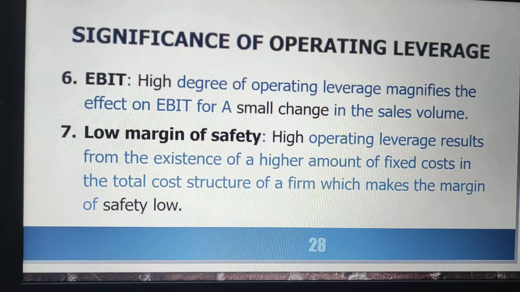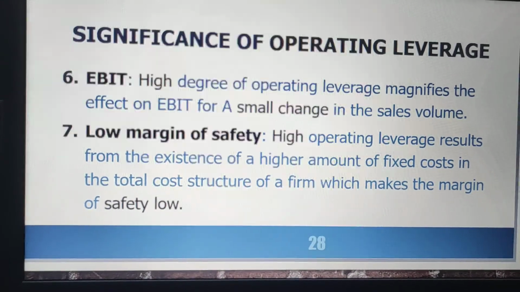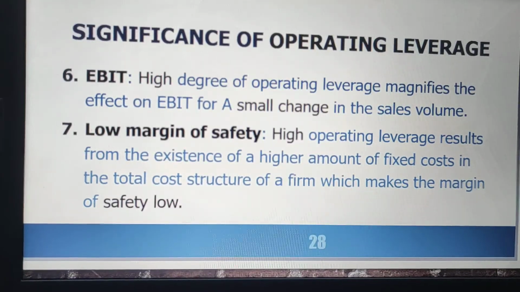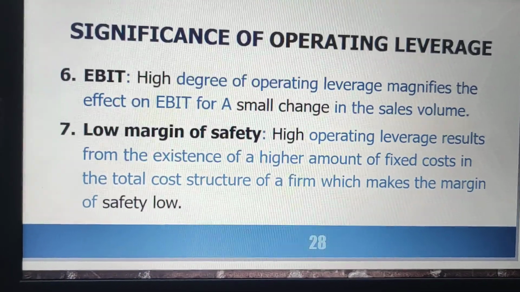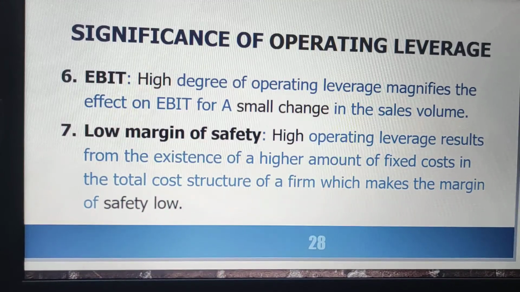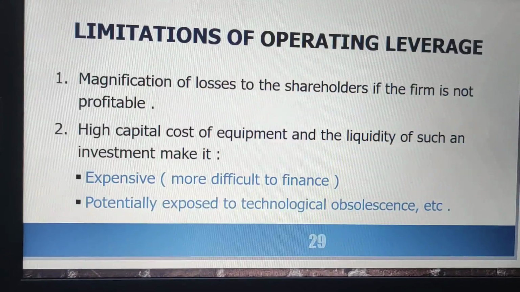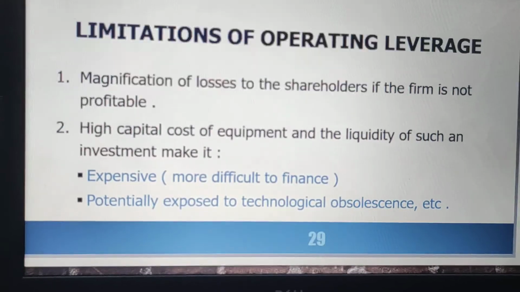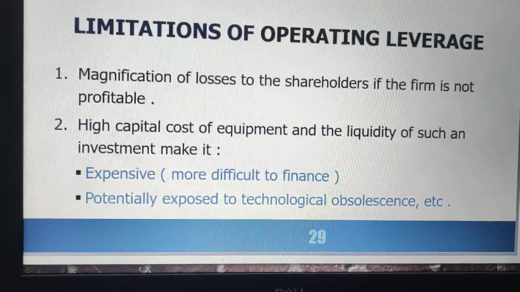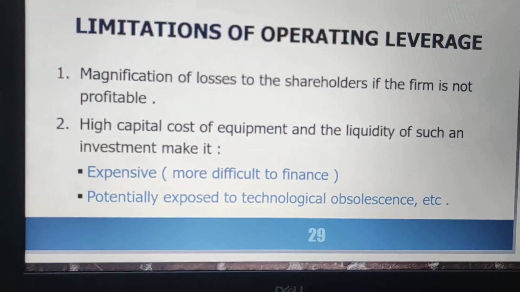Now next is low margin of safety in sales. High operating leverage results from the existence of a high amount of fixed cost in the total cost structure of a firm, which makes the margin of safety low. Next are the limitations of operating leverage. It magnifies losses to the shareholders if the firm is not profitable.